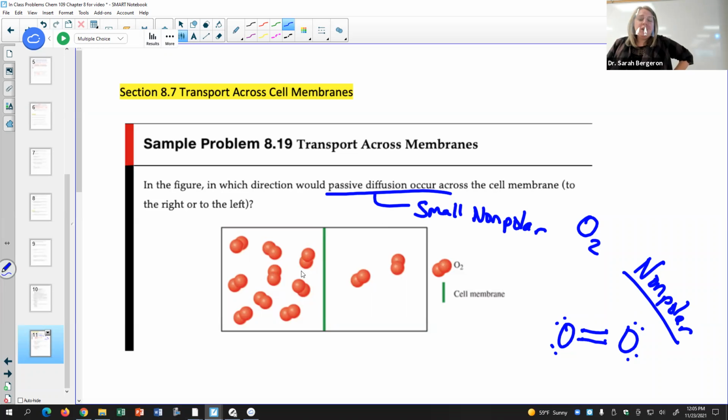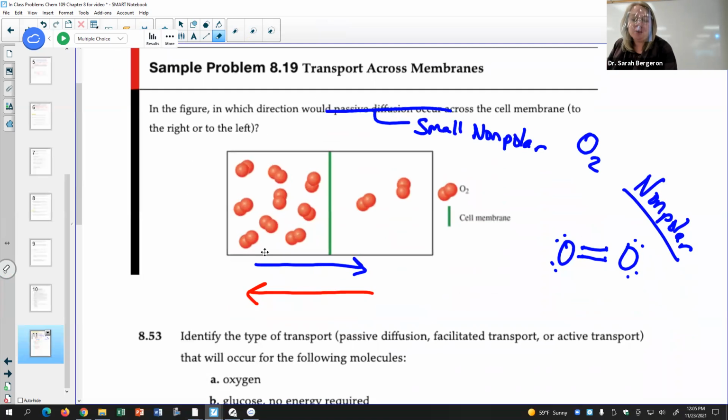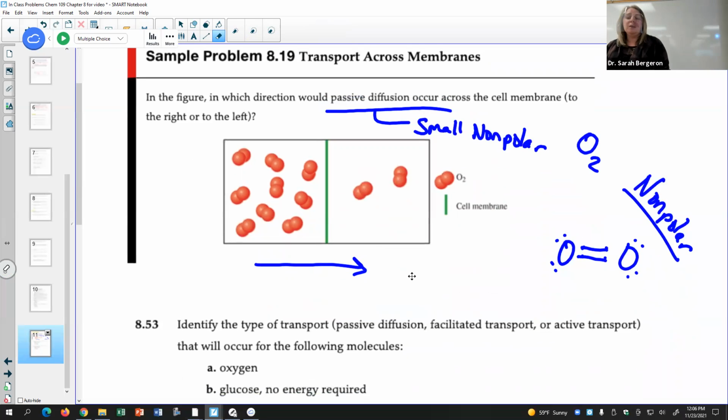So which way would water molecules, which way would oxygen molecules move? Would they move left to right or right to left? The blue arrow or the red arrow? Blue. They would move by the blue arrow. Okay. So we're gonna erase this one. So that's the direction of movement of our small non-polar molecules.